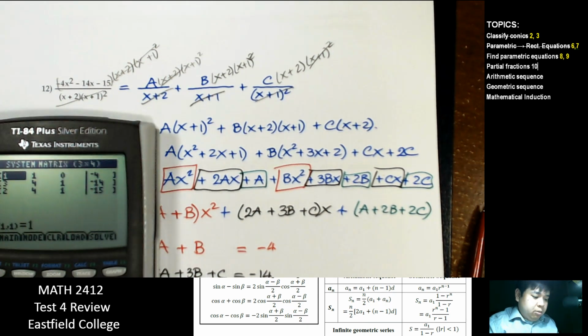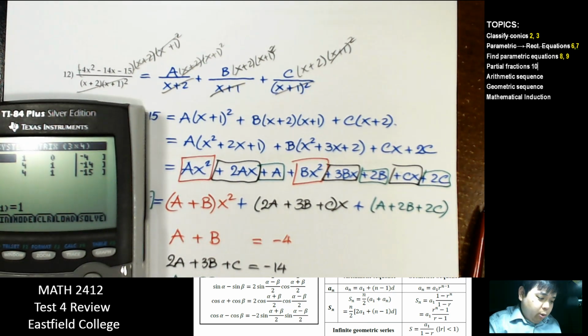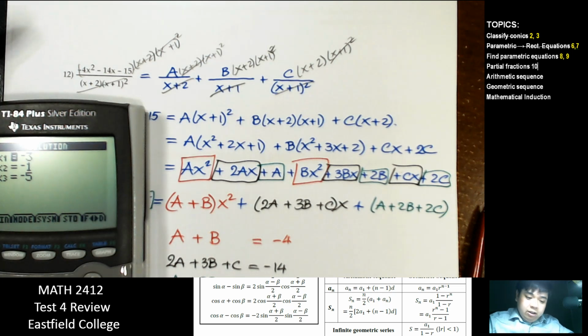Back to this system of equations, we have 1, 1, negative 4, 2, 3, 1, negative 14, 1, 2, 2, negative 15, negative 3, negative 1, and negative 5.